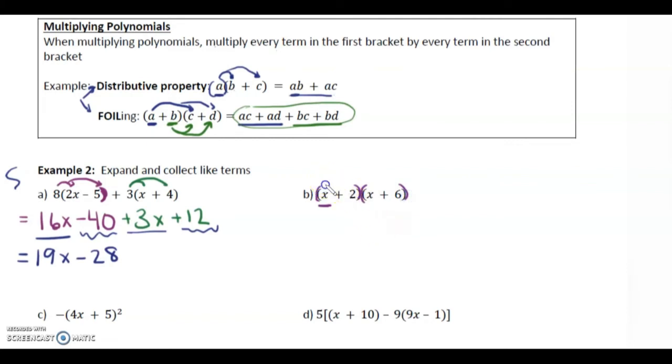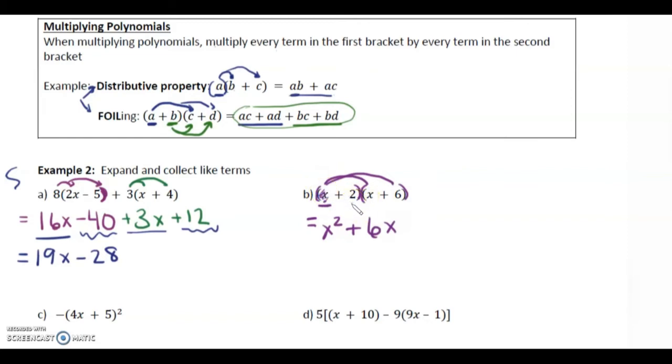So let's multiply x times x. We get x squared. Okay, and x times 6, we get plus 6x. Okay, we're done with this x term.